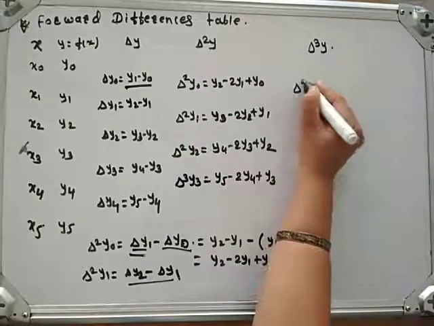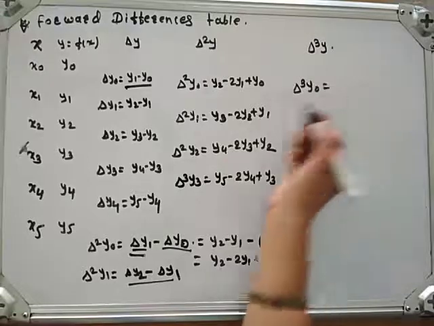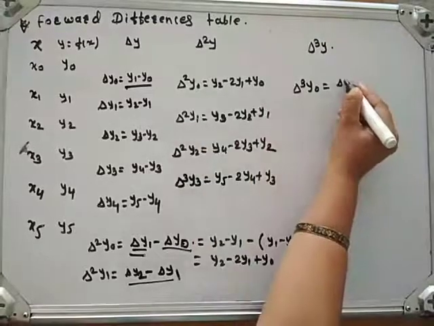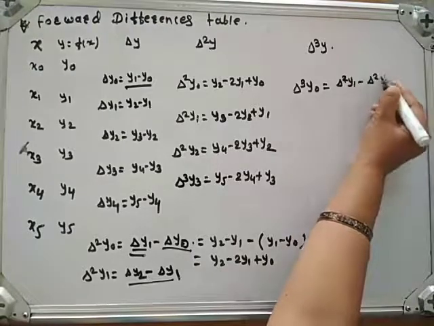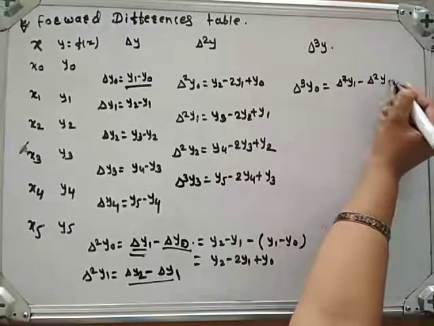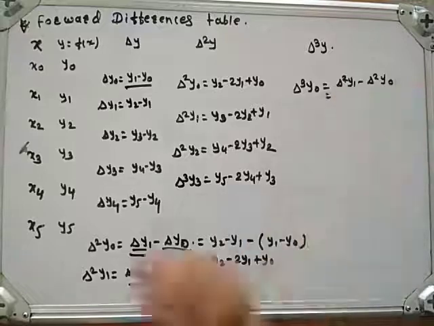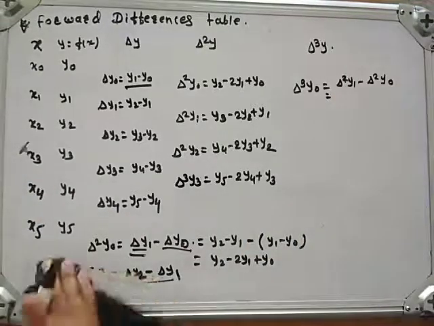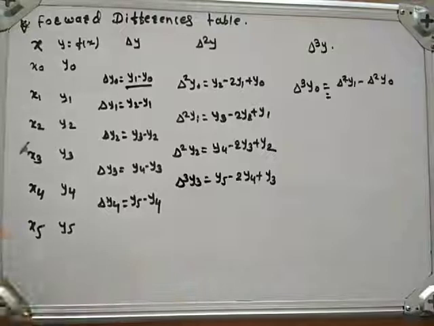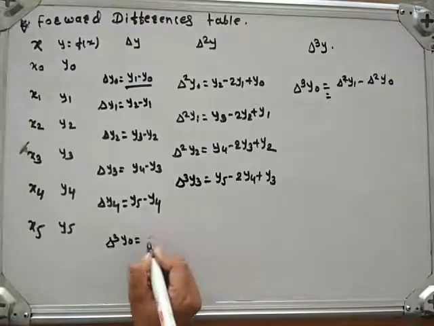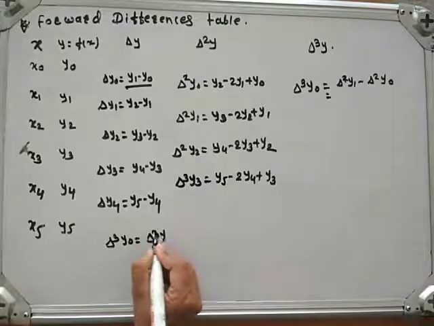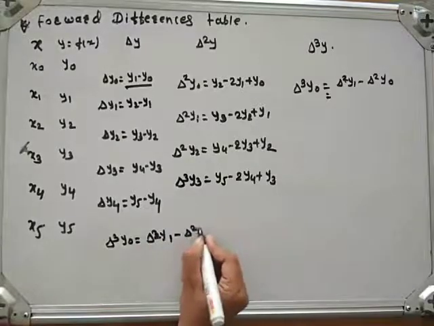Here we have to calculate delta cube y0, which is equal to delta square y1 minus delta square y0. Simplify this and see what we get.